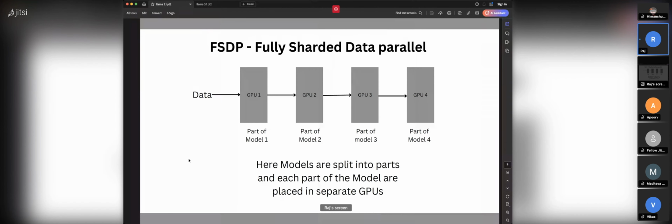Then the data would be fed to GPU 1, which will do its own layer computation, and that activation will be forwarded to GPU 2, GPU 3, and GPU 4, and so on. Then backpropagation is done, the gradients are computed, and individual layer information is updated on each GPU.